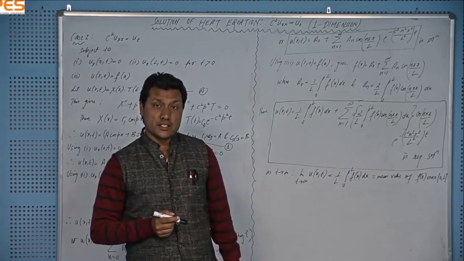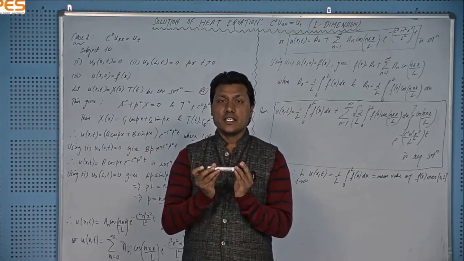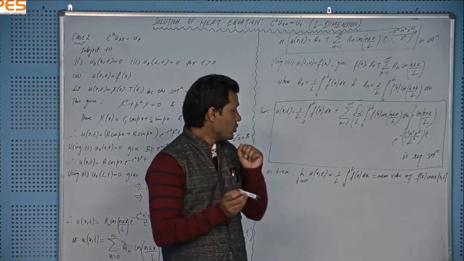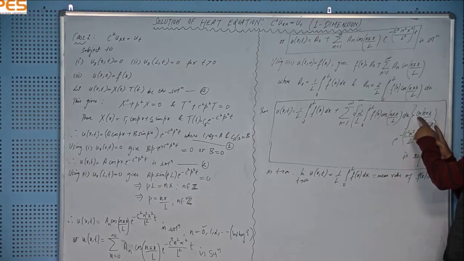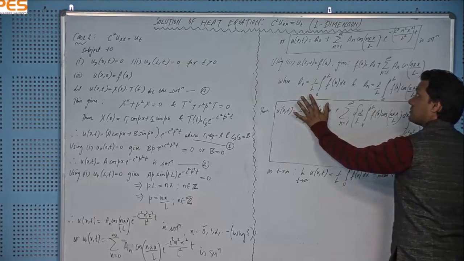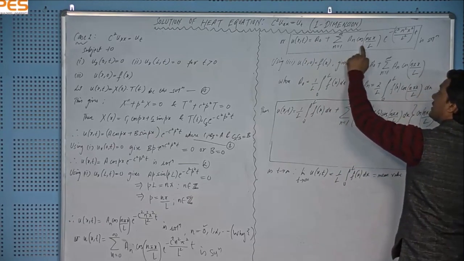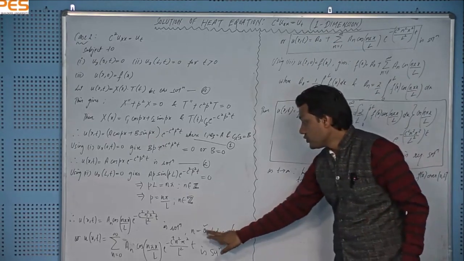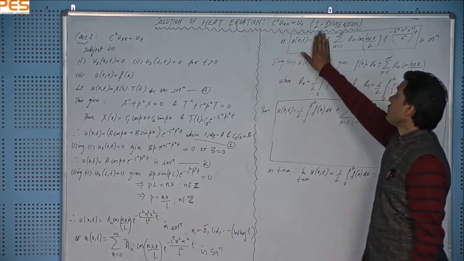And if you remember our last case, that was the rod with its ends kept at 0 degree temperature. In that case the solution contained the sine term. Instead of this cos term, we had sine here, and this constant term was absent, because in that case n equal to 0 was not allowed, so this term was 0 there.